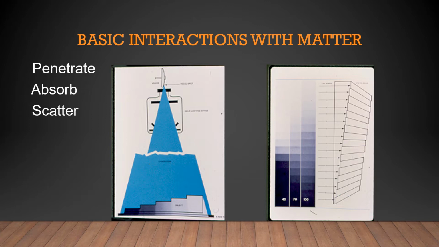Scatter radiation is X-rays that scatter back in the direction of the incident X-ray beam. When X-rays completely penetrate the body, there is no interaction with the matter and no scattered radiation is formed as a result.